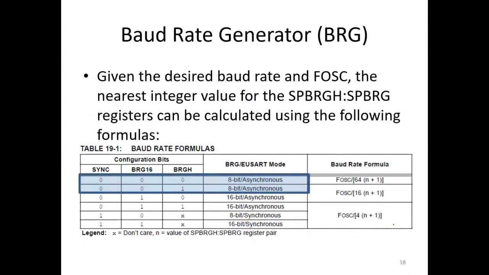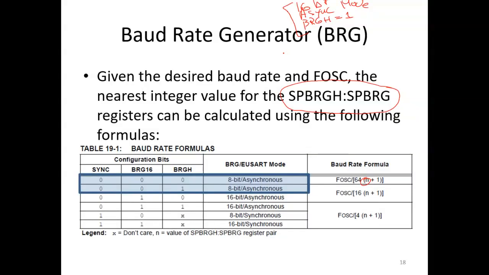Now let's see how to find the value of n, which is the value of the two registers, serial port baud rate generator and serial port baud rate generator high. Let's suppose that we are using asynchronous mode, high speed or BRGH equals 1, and 16-bit mode.